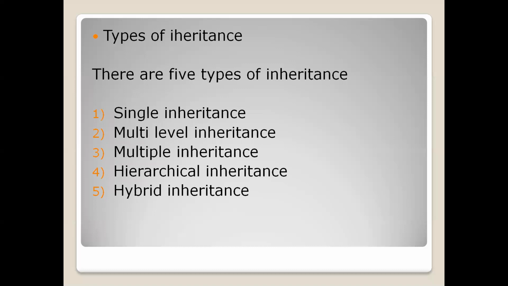Single inheritance, you can see on the screen. Multiple inheritance, multi-level inheritance, hierarchical inheritance, and hybrid inheritance. These are the 5 different types of inheritance under the inheritance concept of the object-oriented programming system.